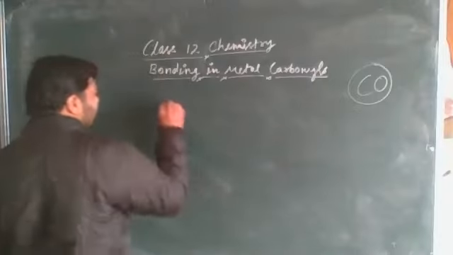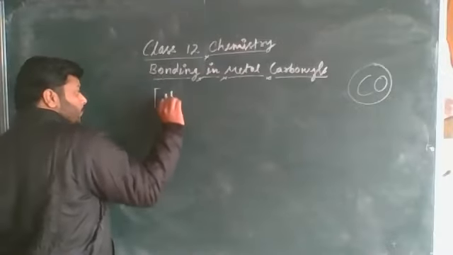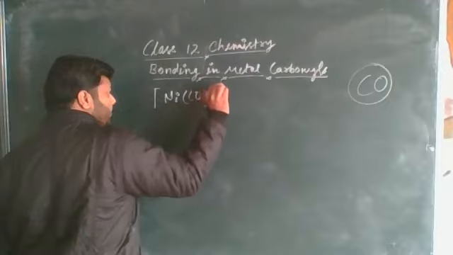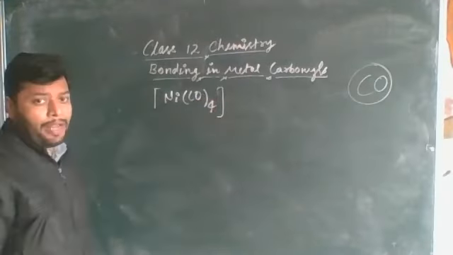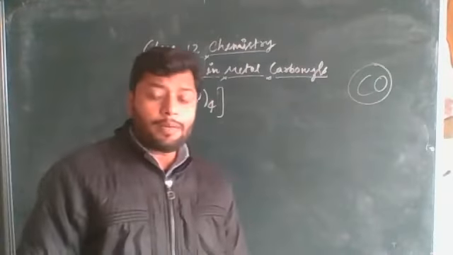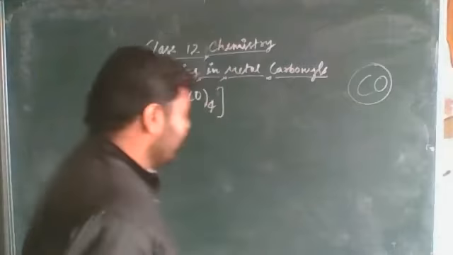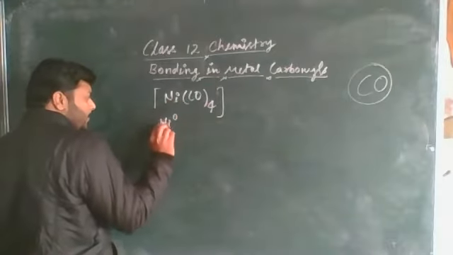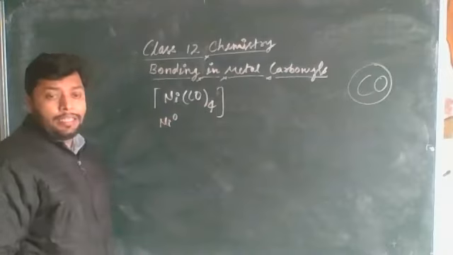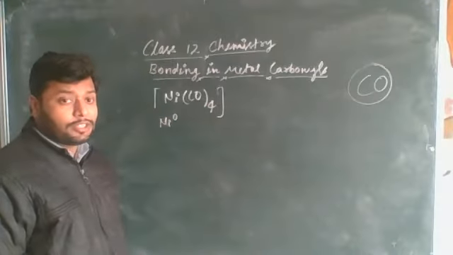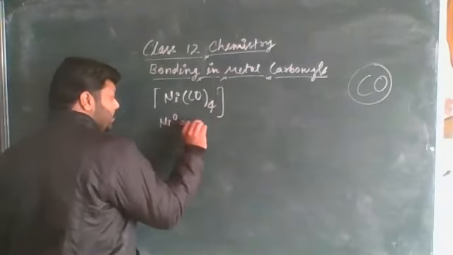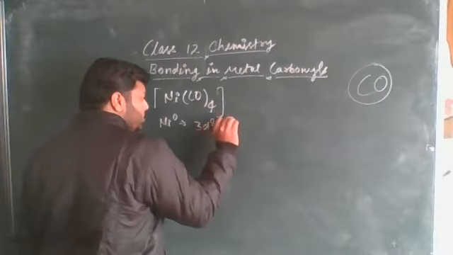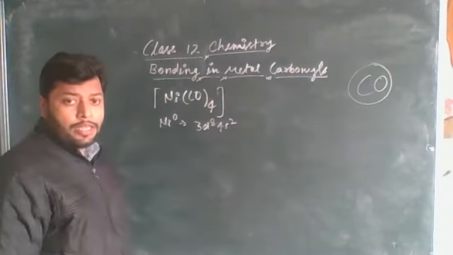The compound is Ni(CO)4. You can guess here that nickel has a zero oxidation state, and that's why the electronic configuration remains 3d8 4s2.